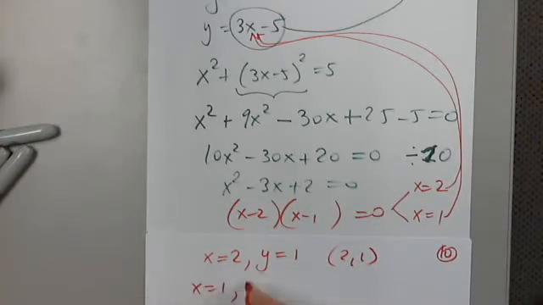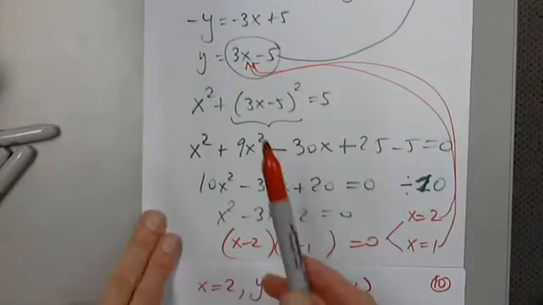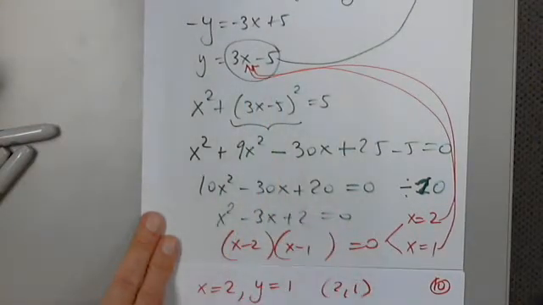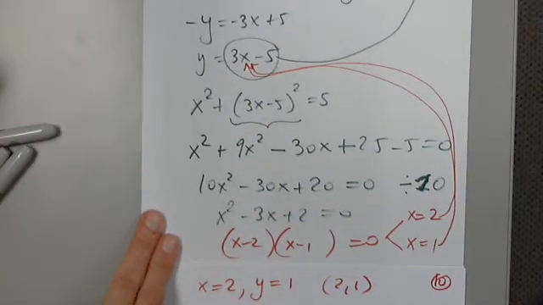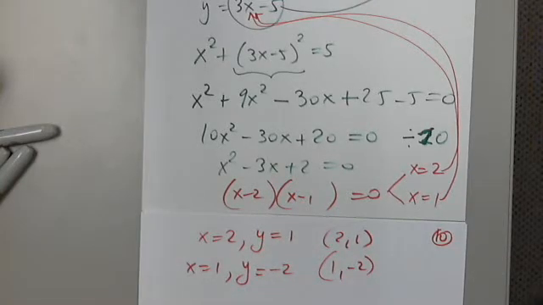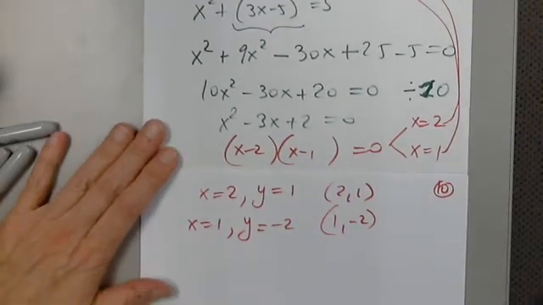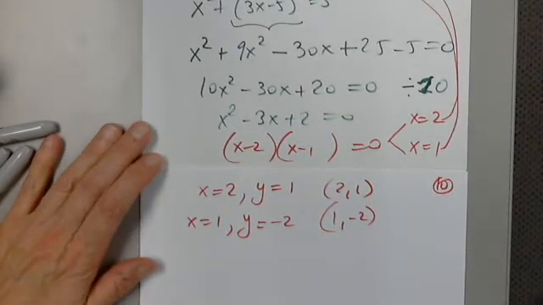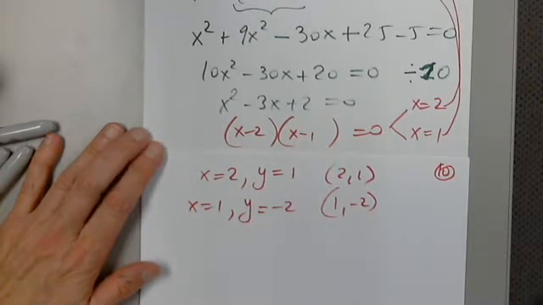When x is 1, how much is y? Negative 2. So the ordered pair is 1 comma negative 2. Please remember to go back and check. Can I skip that part? We should never skip that part. Can I skip that part and you check? Yes?